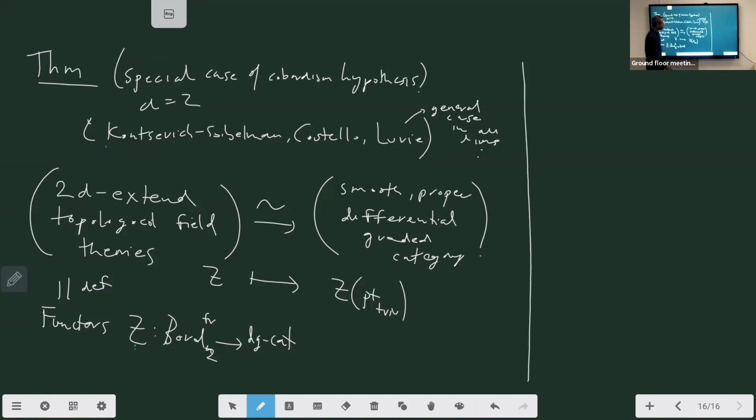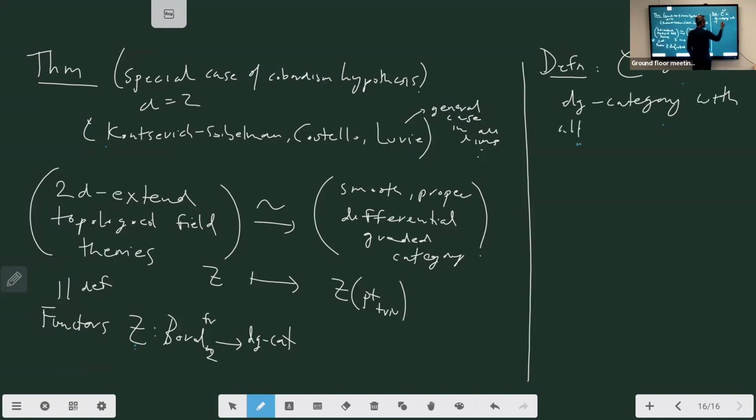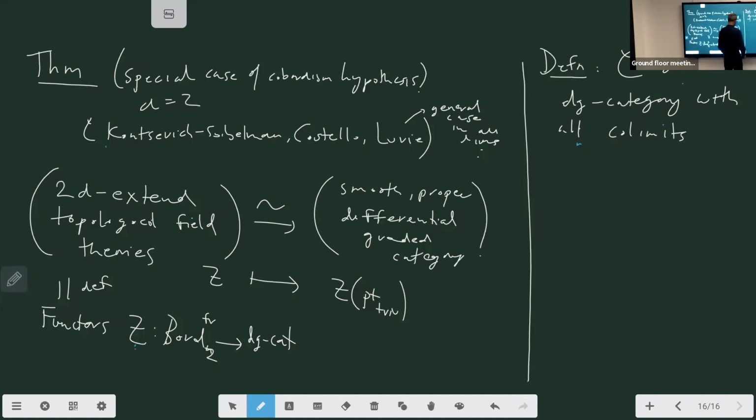And if the category has an object called a compact generator, so, definition: let C be a DG category with all colimits. Maybe I should be more precise. Say presentable.